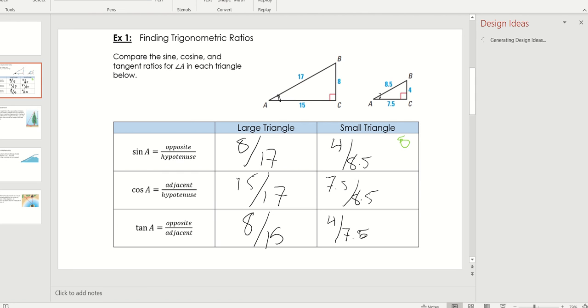So that would give me 8 over 17, 15 over 17, and 8 over 15. Well, hopefully you'll notice that the ratios are in fact the same, just a scale factor of 2. So we have similar triangles. And if I were to create them in all decimal form, all the decimals would be equivalent.